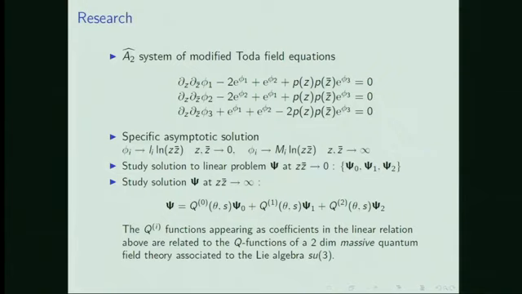A few words about what I'm doing now. I've been looking at the A2 system of the modified Toda field equations, and by imposing this specific asymptotic solution, we can find a solution, as I said, to the linear problem. Then by checking the solution at 0, and combining the solution at 0 and the solution at infinity, we recover this linear relation.